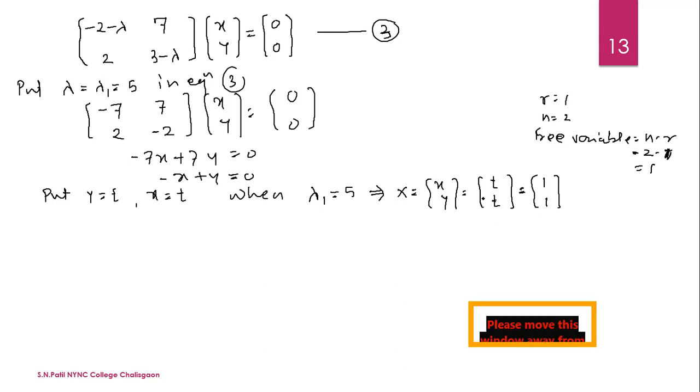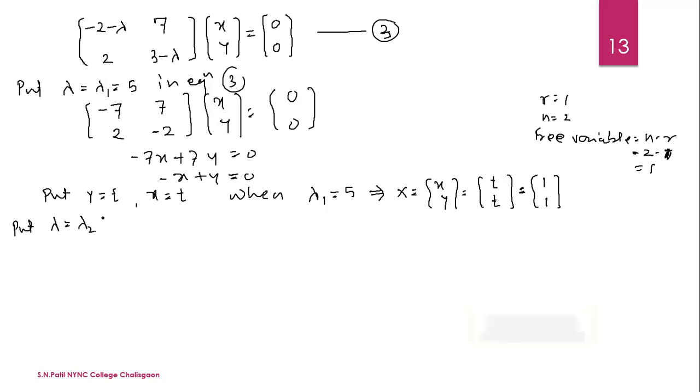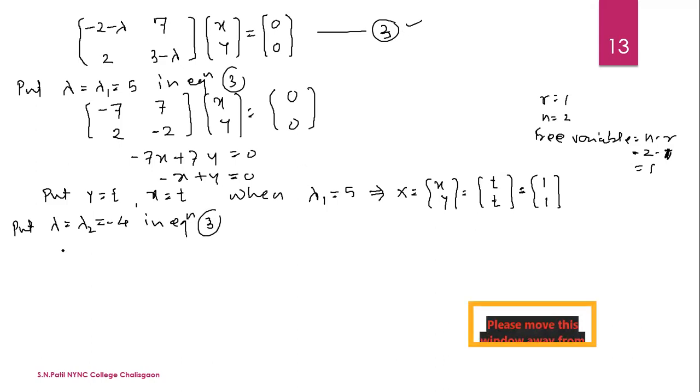Okay, otherwise take t common. Now next, put lambda is equal to -4 in equation number 3.